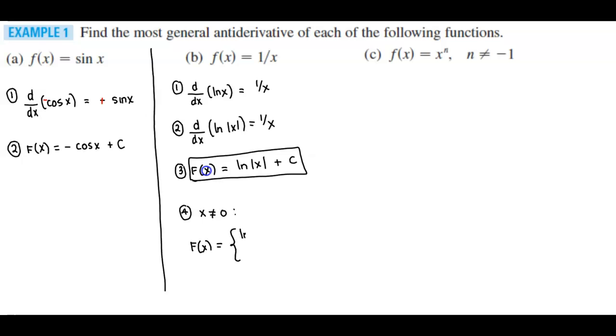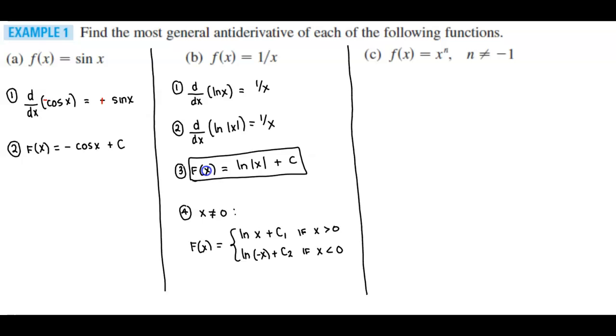You're going to have the natural log of positive x plus constant 1, provided that x is greater than 0, or the natural log of negative x plus constant 2 if the value of x is less than 0. So that just kind of proves our point, because we know that x cannot equal 0 for the antiderivative that we're looking for.